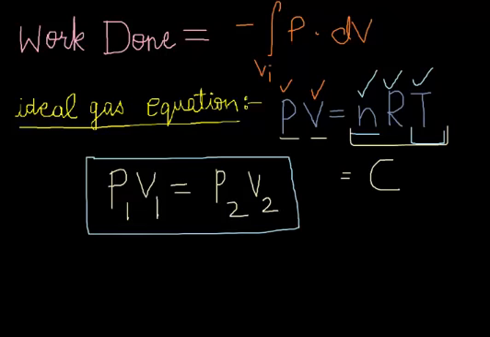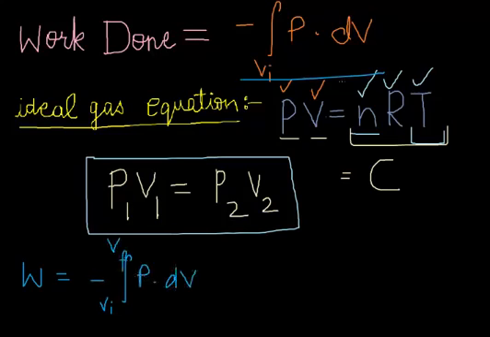So we can say the work done is given by minus integral from V initial to V final of P dV. From this ideal gas equation, I am removing P from the left side and putting it in the denominator of the right side.